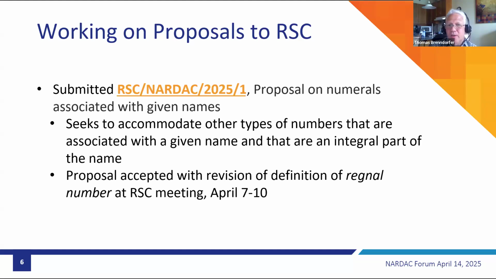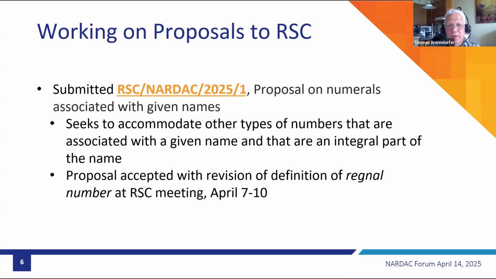So the proposal was to make this instruction more international in scope and to use the term regnal number. And so the instruction proposal was to change the instruction and to provide a definition of regnal number. That was discussed at the last RSC meeting. It's in its final stages right now.